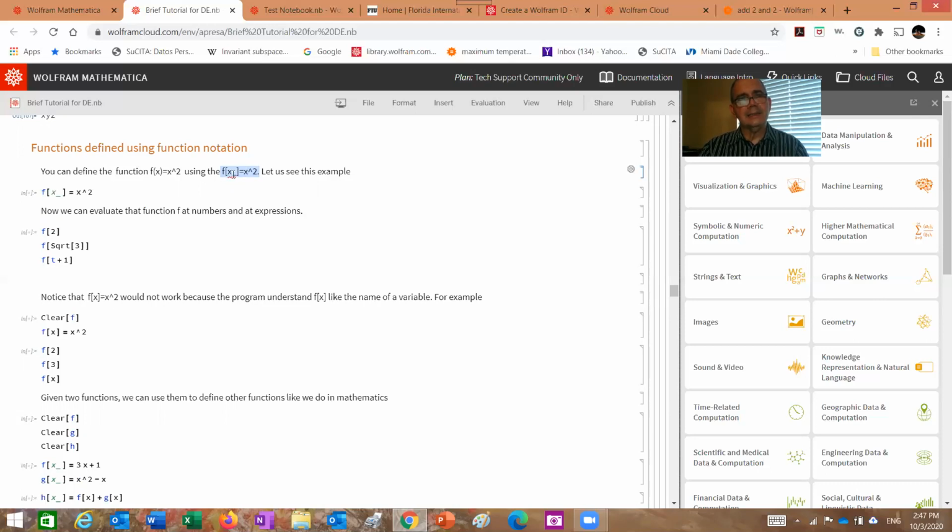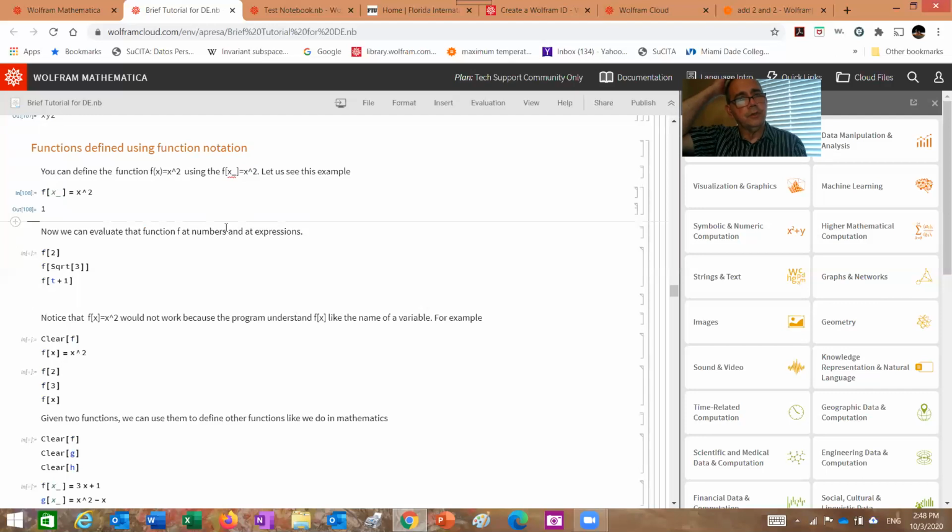This indicates that the x can be replaced by any number. And when you replace the x by any number, you have to do the same thing on the right side, as we do when we are working out functions by hand. And then let me show you this example here. Well, let's enter that function. So this is going to define my function.